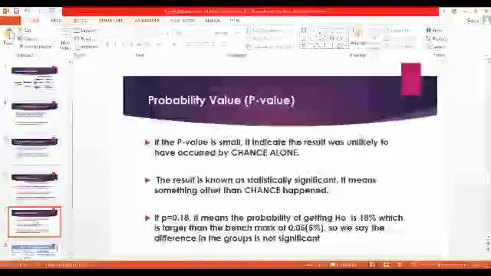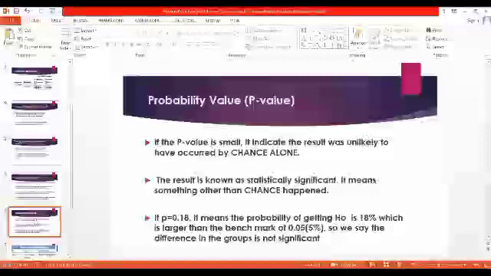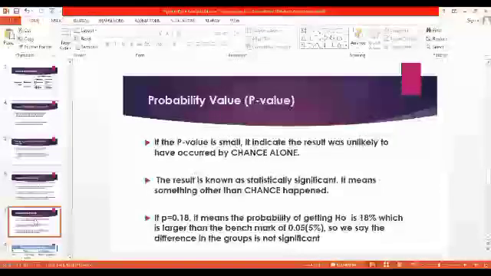Now, if this p-value is small, it indicates the result was unlikely to occur by chance alone. It means something happened. That is the reason why it did not happen by chance. The difference between group A and group B did not happen by chance. There was another factor. It may be, for example, that those in Lagos metropolis have a different genetic makeup for them to have that kind of glucose level.